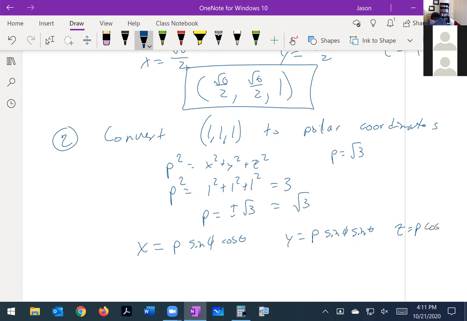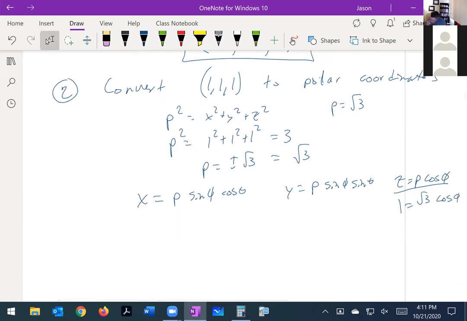So how can I solve for phi? Right here, I know what z is. Z is 1. I know what rho is. Rho is radical 3. So with cosine of phi, I could easily figure out what phi is.